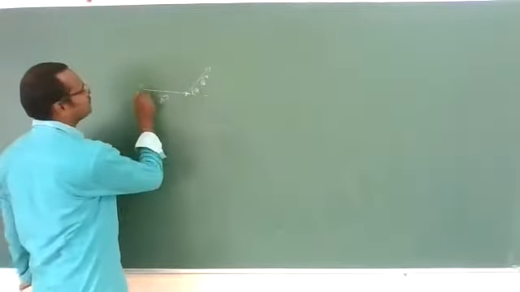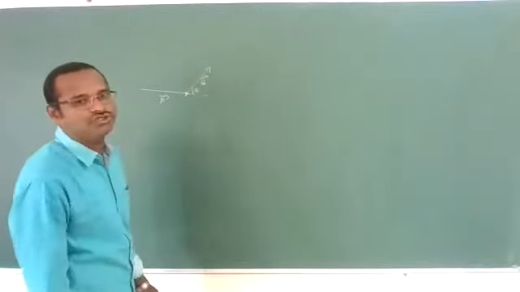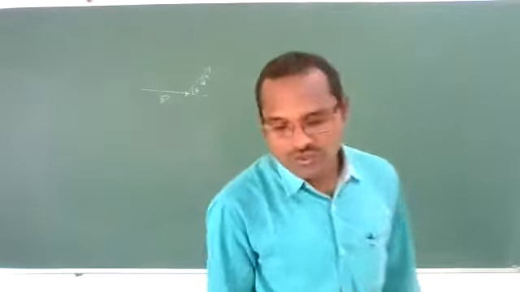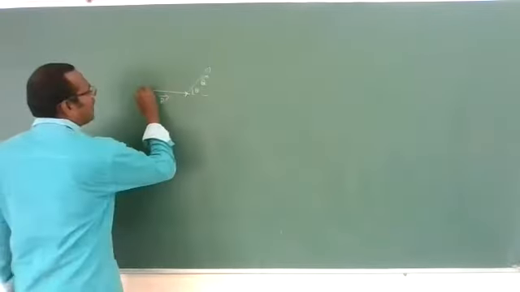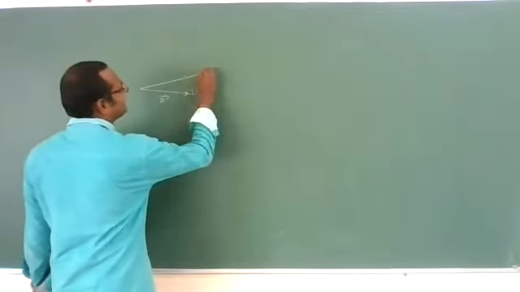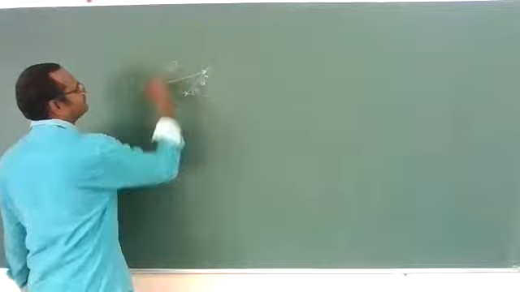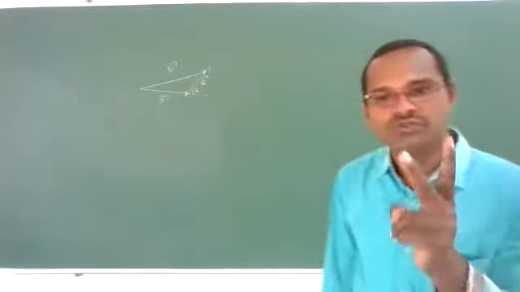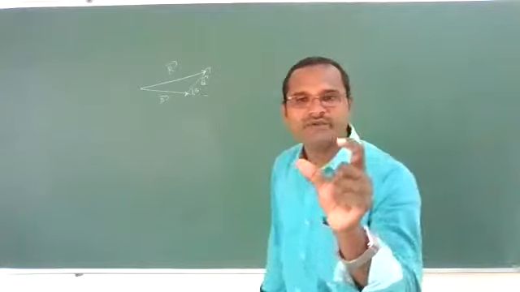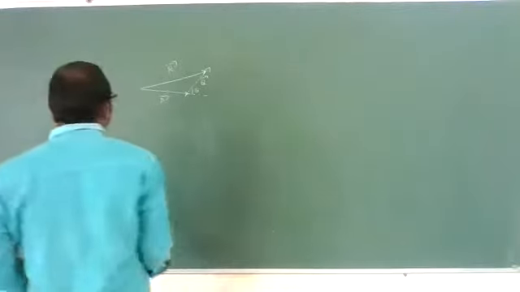So if you see, you can construct one triangle with these two vectors. The sum of these two vectors is given by the closing side of the triangle like this. This is the resultant vector r bar, which has two things in it: magnitude and direction.